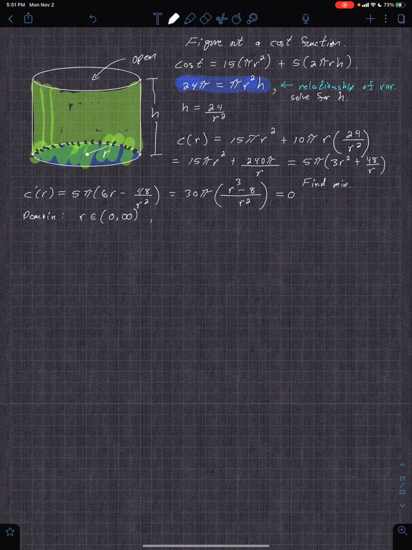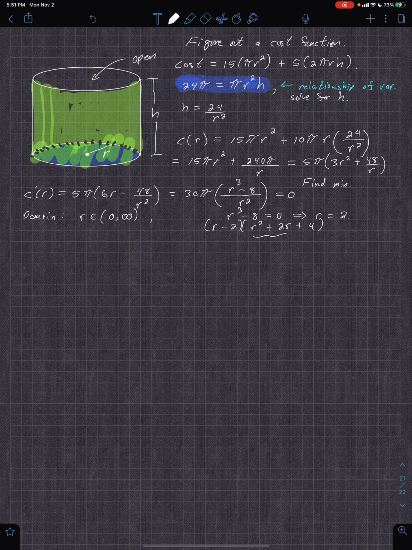our critical value. So now when you set this equal to 0, you have r cubed minus 8 equal to 0, and that implies r is equal to 2. You also get just this. I have to show you this. You get r minus 2, and then you get r squared plus 2r plus 4.